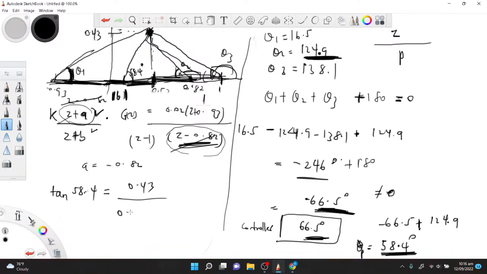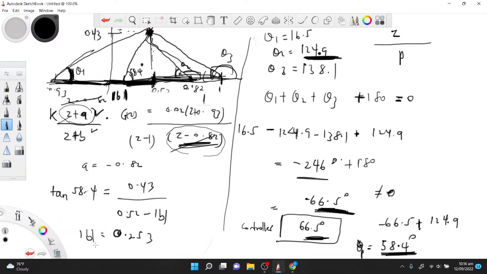So that will give me 0.52 minus the magnitude of B. That's the value here. Now when you simplify this, take your time and cross multiply, you get B to be 0.253.